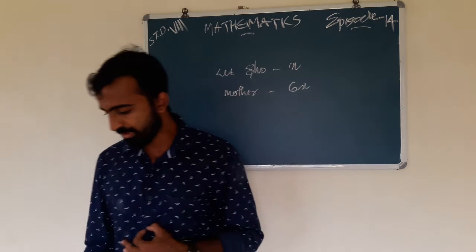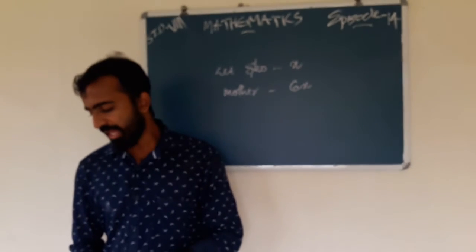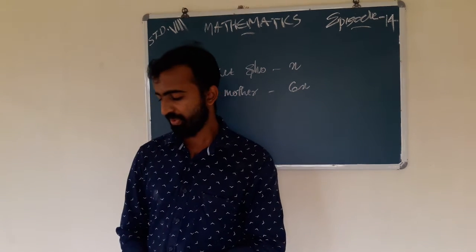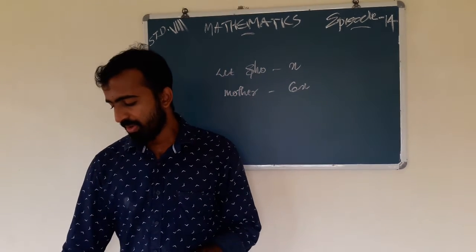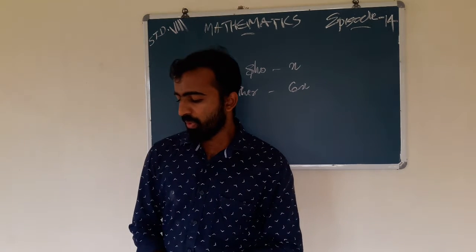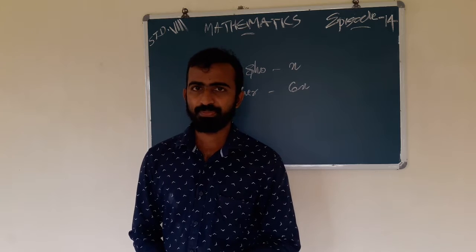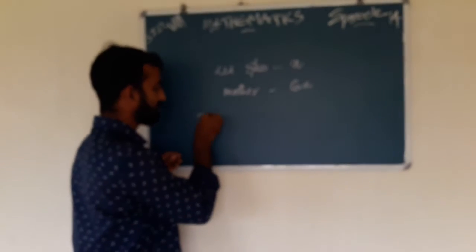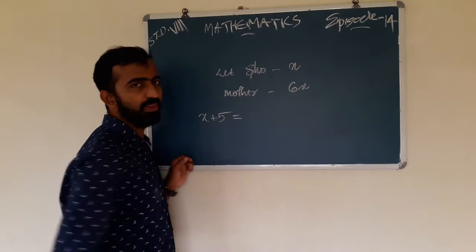In the question, Shobu's age 5 years from now will be 1/3 of his mother's age. That we can write as x plus 5 after 5 years.